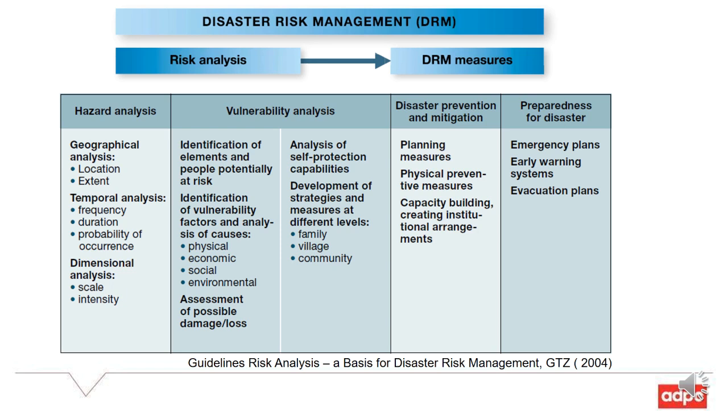Development of strategies and measures at different levels in family, village, and community all result in disaster prevention and mitigation planning measures, physical preventive measures, capacity building, and creating institutional arrangements. They also result in preparedness for disasters like emergency plans, early warning system, and evacuation plan.